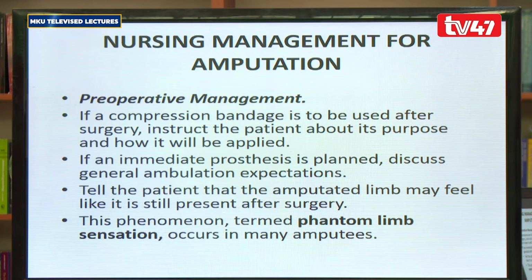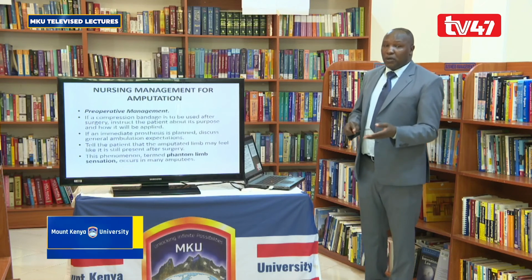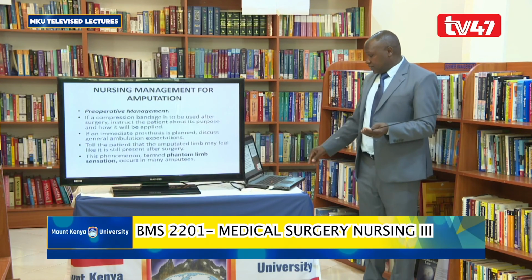But again, it is important you tell the patient that when they have this dressing in the ward, they have to observe for bleeding, and if it's there, they have to report. Sometimes they may feel like the dressing is a bit tight for them. They should report that to you as the nurse. And this is very important.